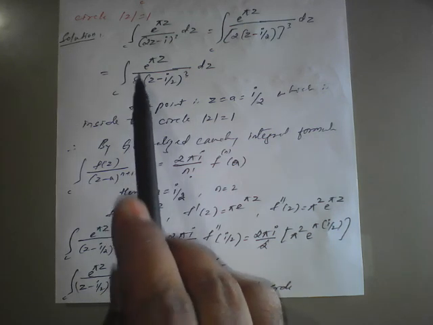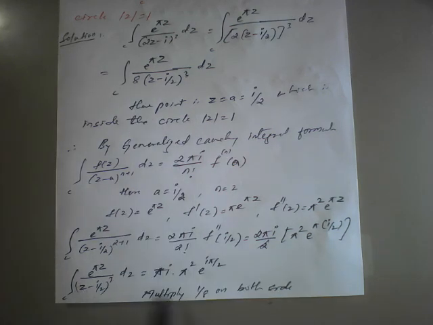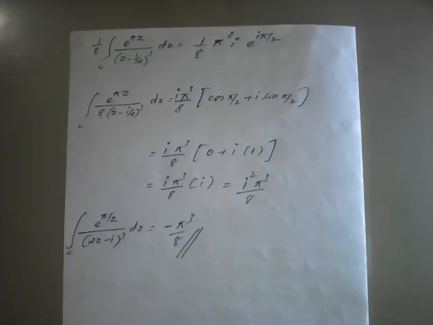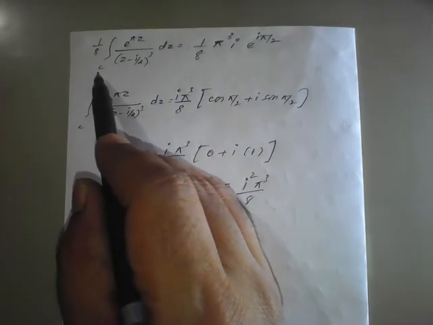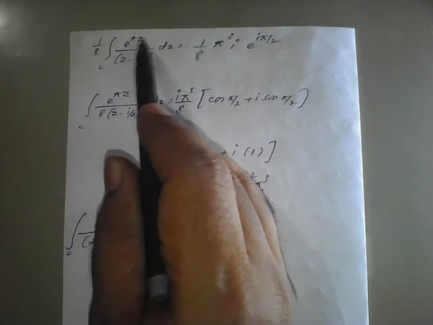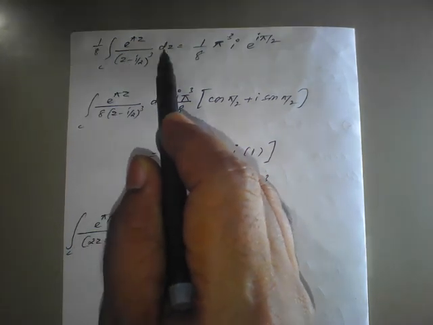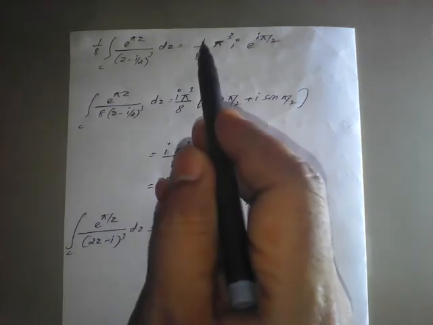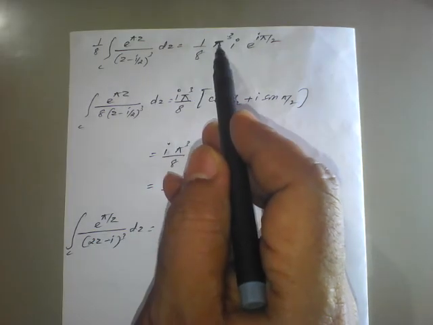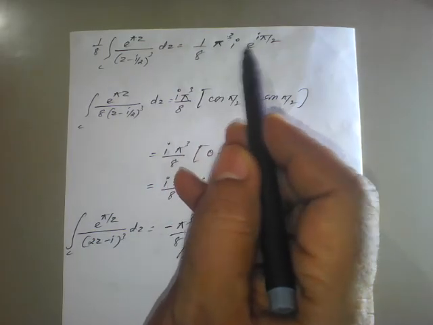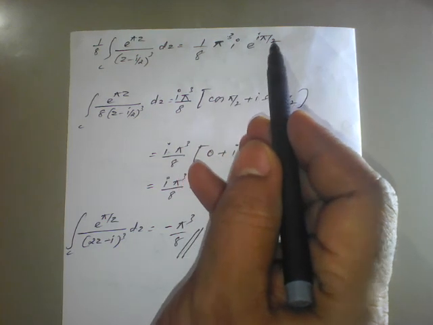We need 1 upon 8, which is missing here, so multiply 1 upon 8 on both sides. We get 1 upon 8 into the integral of e raised to pi z upon (z minus i upon 2) cubed dz is equal to 1 upon 8 times pi cube i into e raised to i pi by 2.